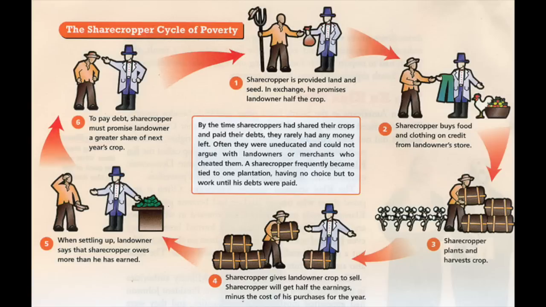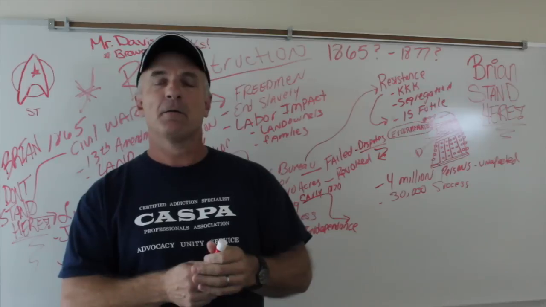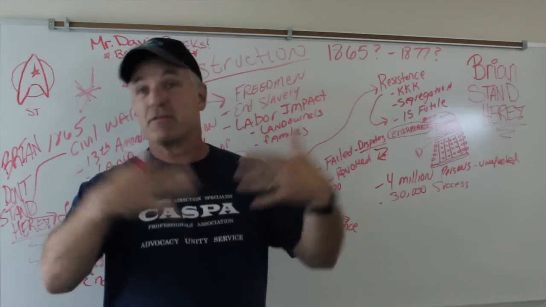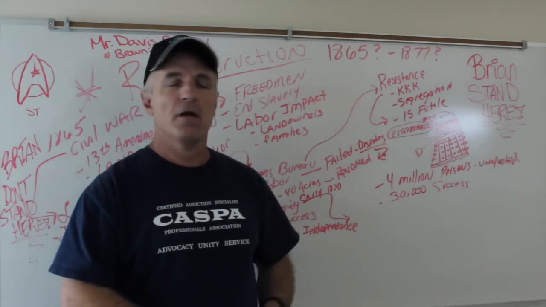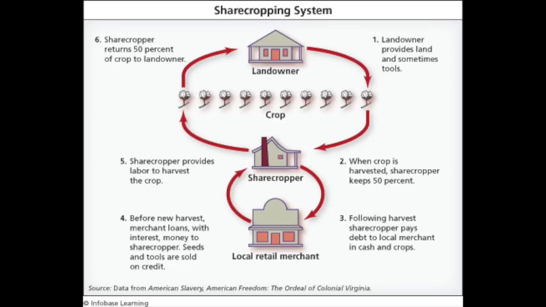Now, an answer to this was the sharecropping idea, which was basically that families would rent small plots of land from landowners in return for a portion of the crop. At the end of the year, they would give a portion of their earnings to the landowner, which was good for the landowners because now they had someone farming their land.